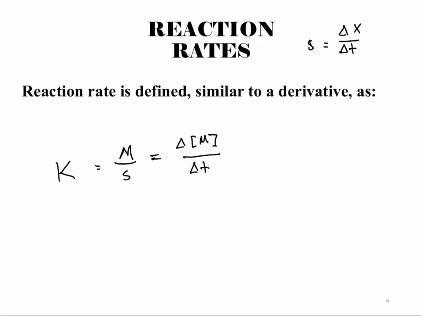If you're mathematically inclined, or have started taking calculus classes, this is what a derivative eventually looks at: the limit where this change in time gets very, very small. We don't have to worry about calculus for this class, but I'll introduce it as we go along for those who are interested. And reaction rate, similar to a speed, is always going to be a positive quantity.